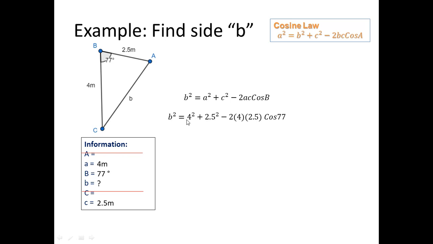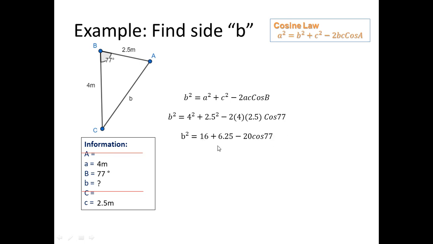I have b squared is equal to 4 squared plus 2.5 squared minus 2 times 4 times 2.5 times cosine 77. Let's simplify. b squared is equal to 16 plus 6.25 minus 20 times cosine 77.